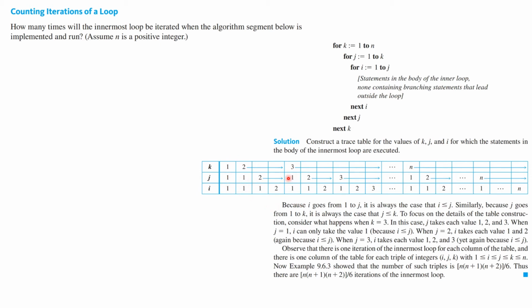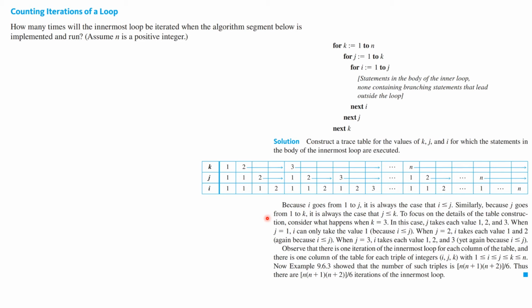So we start at 1, but then we go to 2, and so on. And so we can count those, and then we also know what happens with I for each one of those. Because I goes from 1 to j, it is always the case that I is less than or equal to j. Similarly, because j goes from 1 to k, it always happens that j is less than or equal to k.